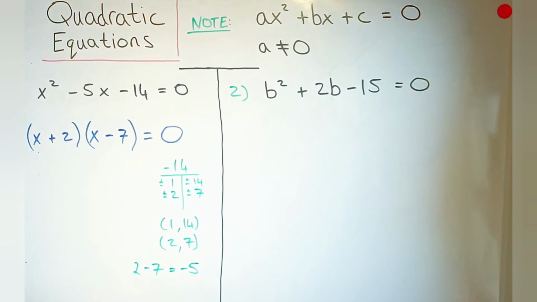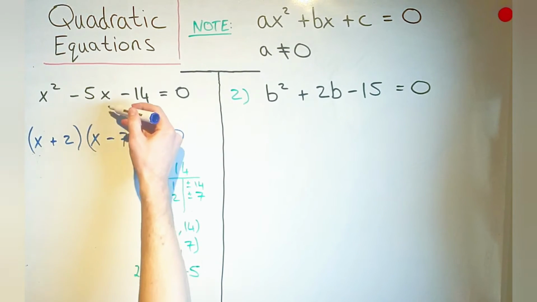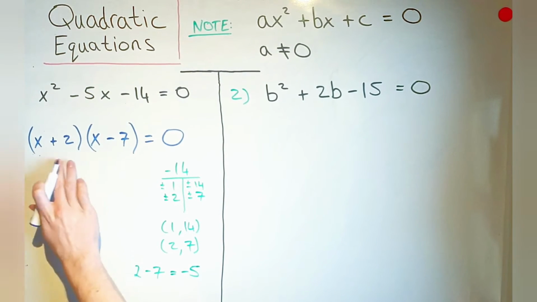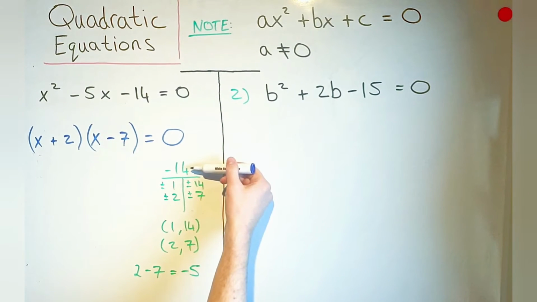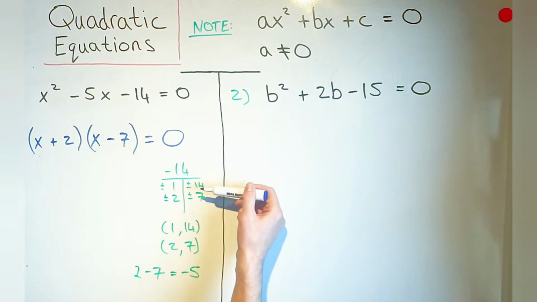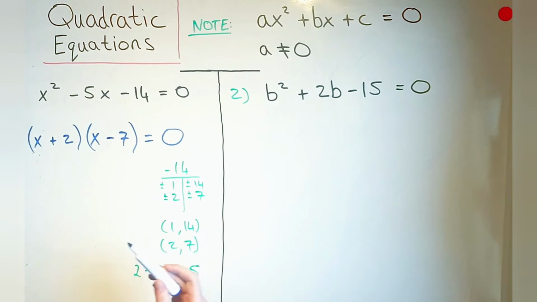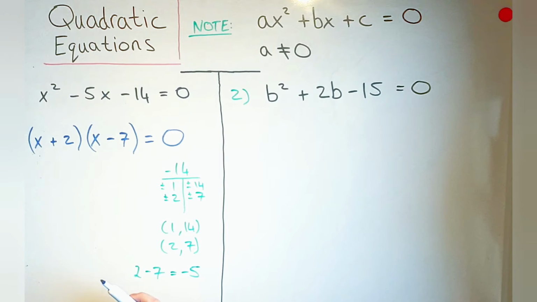So what have we done here? We have factorized this quadratic equation, so these two are equal to one another. We factorized it by getting the factors of the constant, and then we checked to see if when we summed one factor with another, we could get the coefficient of the x variable here.